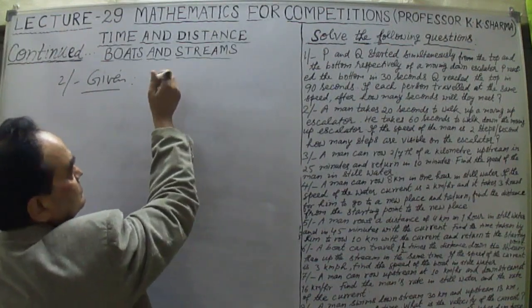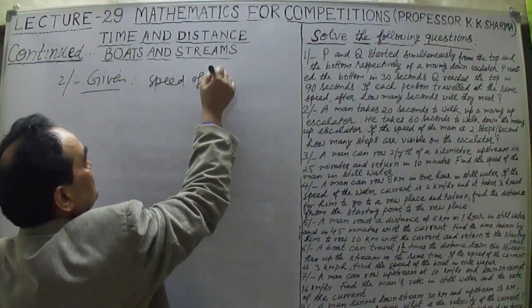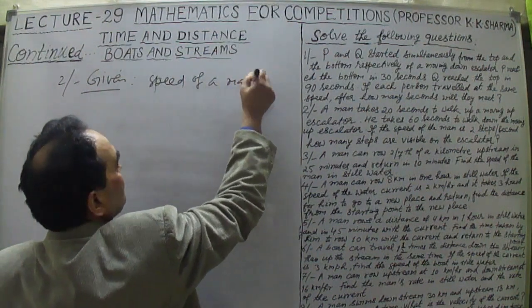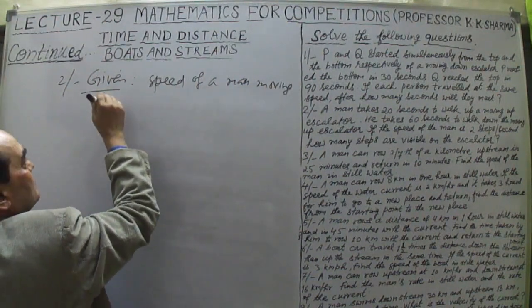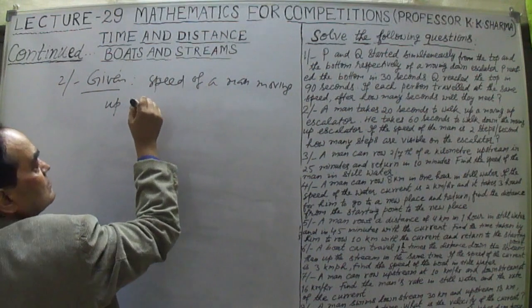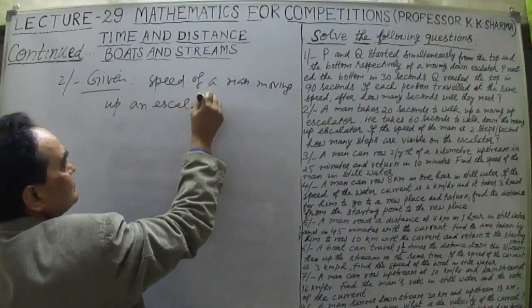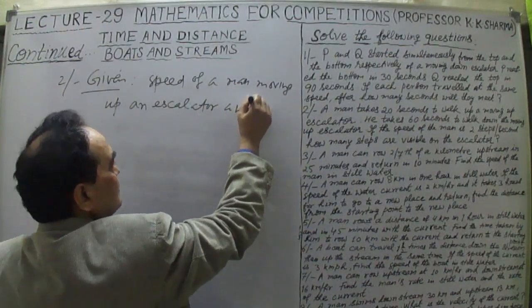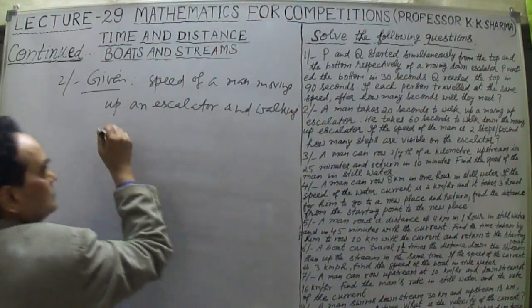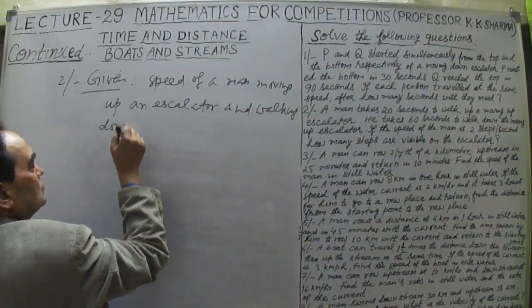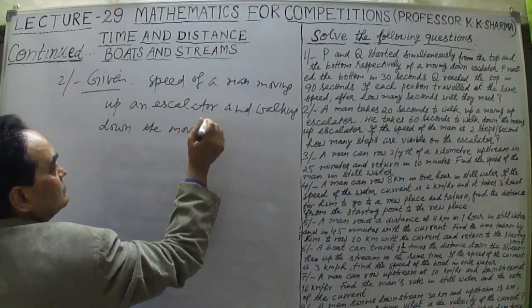So the question is given with the speed of a man moving up an escalator, and walking down the moving up escalator.